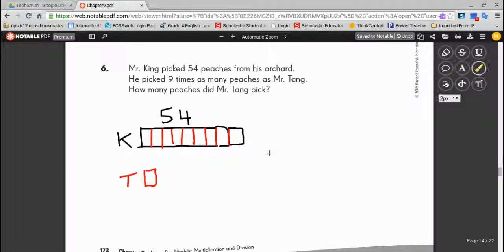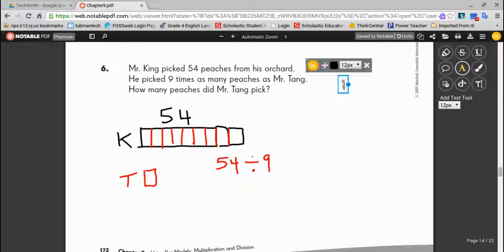So what I'm really doing again is 54 divided by 9. And here I want to count my 9 multiples to figure out what 54 divided by 9 is. So 9, 18, 27, 36, 45, and 54 is right over there.